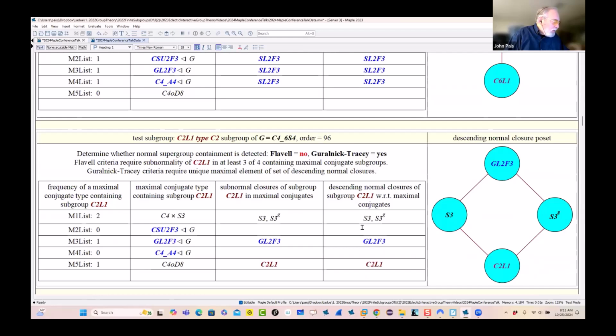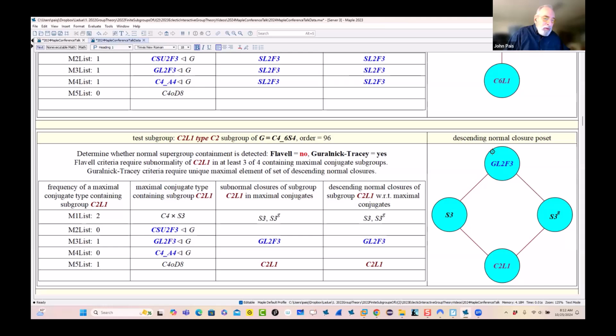And then you can get all kinds of cool looking pictures here. For this example, we end up having two conjugates. The little g is just an arbitrary conjugate of S3. And so we get all these, and there's our set of descending normal closures. And our maximal element is GL2F3, and that's also the containing normal subgroup of our ambient supergroup.